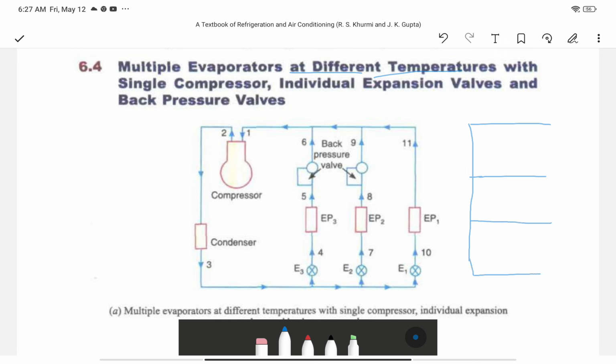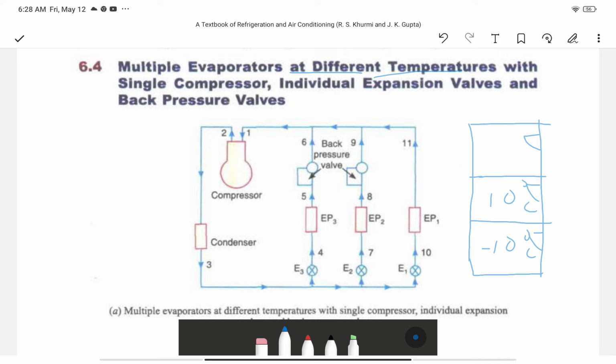You have a warehouse with this configuration: door, door, door. You put your products in there, but in this space you have, suppose, a negative 10 degrees Celsius requirement. In this you have a 10 degrees Celsius requirement.